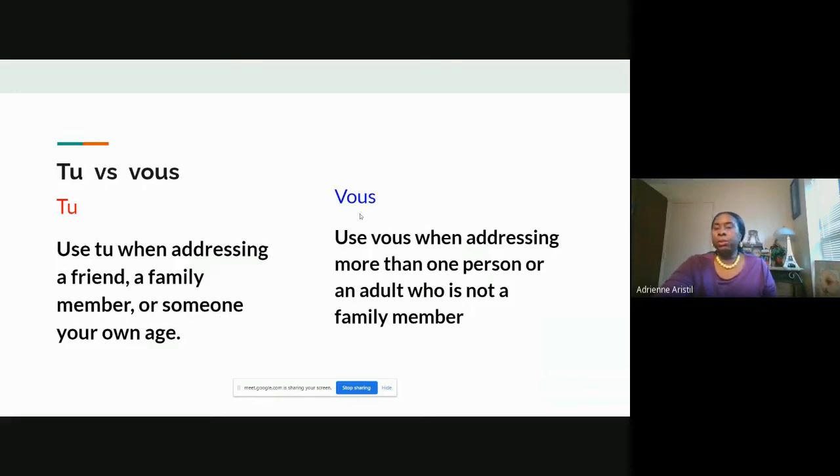But you use vous when addressing more than one person, or it can be only one person, but that person is an adult who is not your family member. It can be a boss. You will use vous in this case.